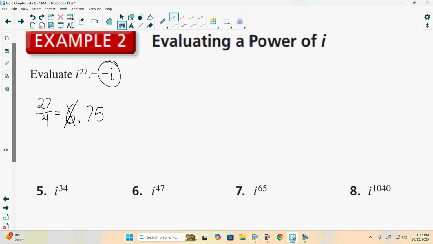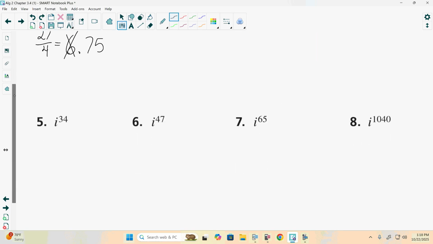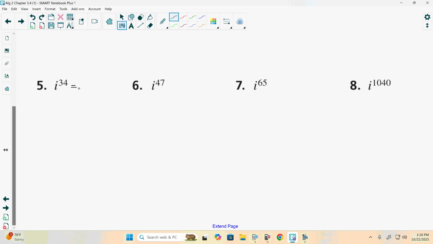Now, the only thing the 6 tells us is this cycle of 4 terms, i, -1, -i, 1, we went through that cycle 6 times. We went through a full 6 rotations of it, and we went 3 more. So if we look at i to the 34th power, really what we can do is divide 34 by 4, yes?